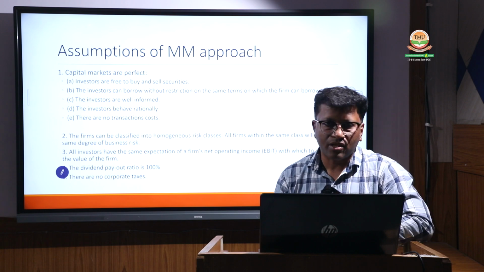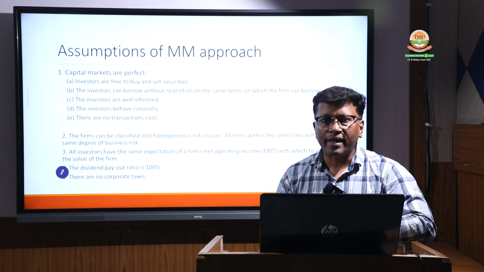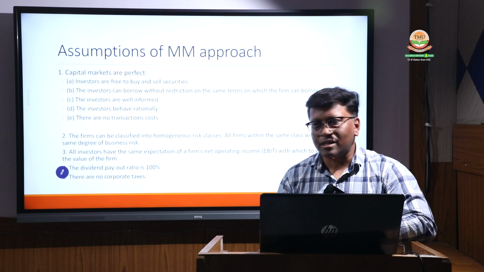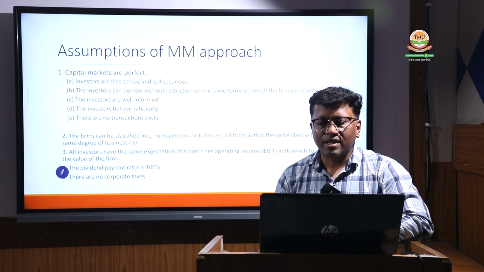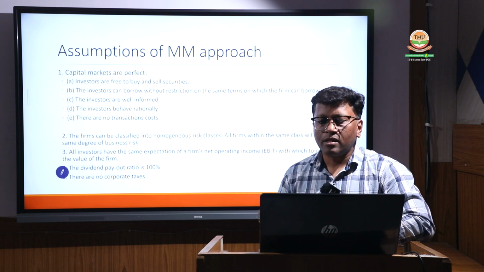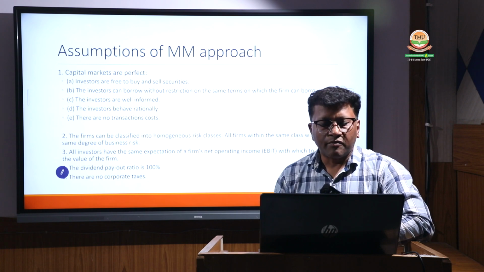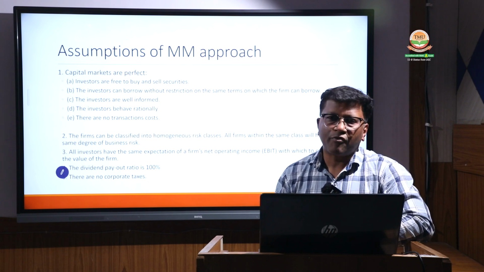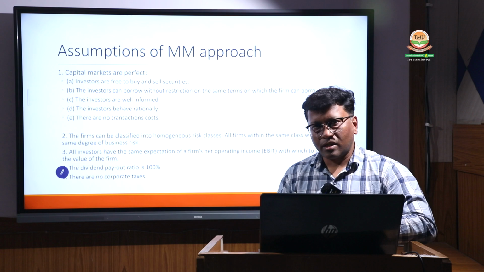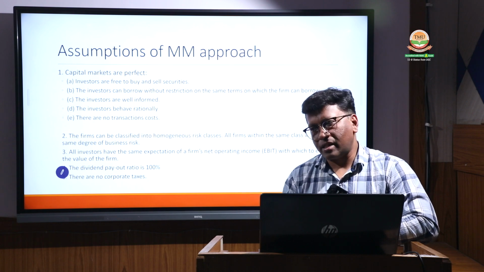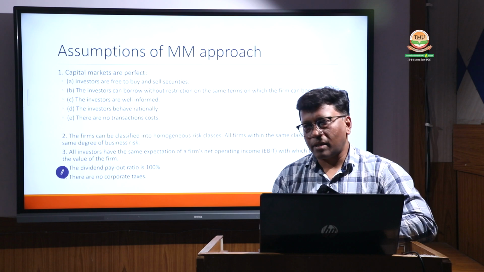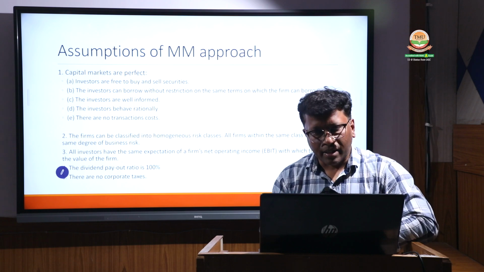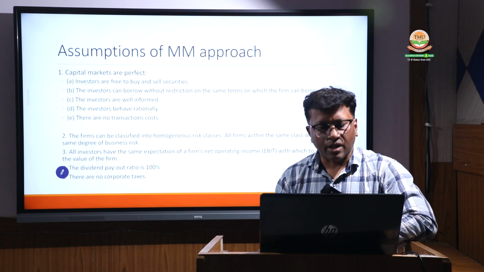There are no restrictions, and frequently they are buying and selling their securities in the secondary market, and the investors can borrow without restriction on the same terms on which the firm can borrow. The investors are well informed. Every bit of information is kept by the investors, and they are very much informed about the particular market conditions, and they can take decisions accordingly.